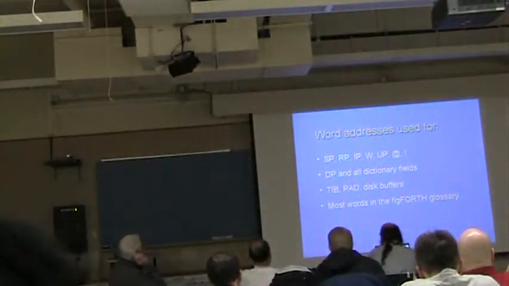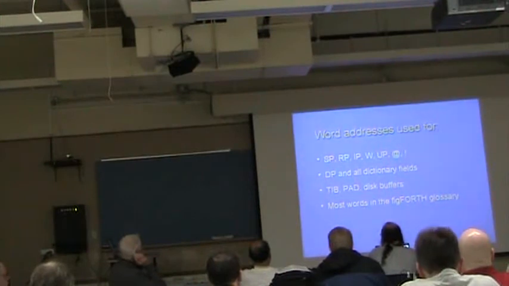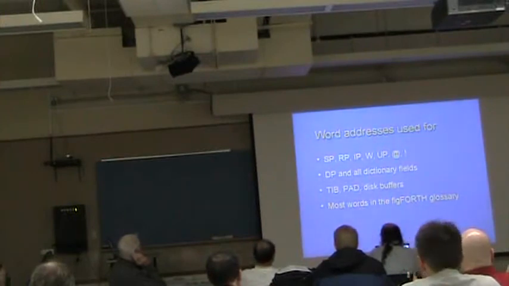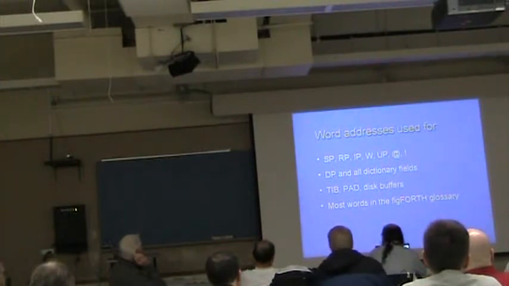But most of the time, word addresses are used. The stack pointers use word addresses. The addresses that the inner interpreter deals with are all native word addresses. FETCH and STORE and all the operands that deal with 16-bit data just use native word addresses. The dictionary pointer, all the dictionary fields are words.